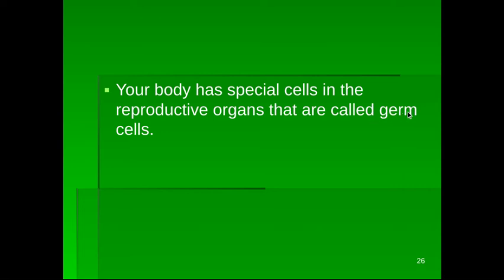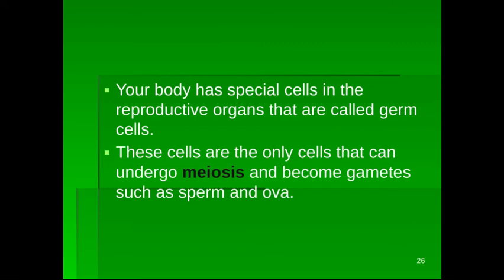Vocabulary-wise, if you know sperm, eggs, gametes, and you know somatic cells are your body cells, I think that would be fine at this point. Now, these germ cells that make the sperm and egg are the only ones that can undergo a different cell division process called meiosis.